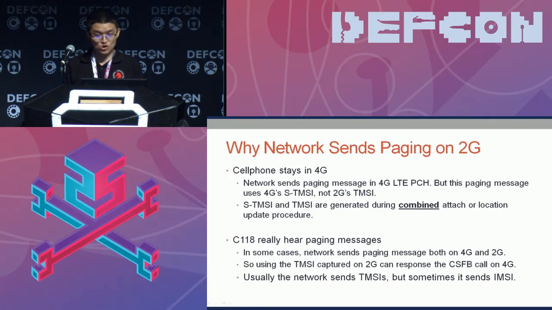I don't know either, but in fact, we found that the C118 also receives CS fallback paging requests on the 2G side. So my guess is the operators configured the network to do so in order to optimize the network and decrease the latency of setting up a voice call.